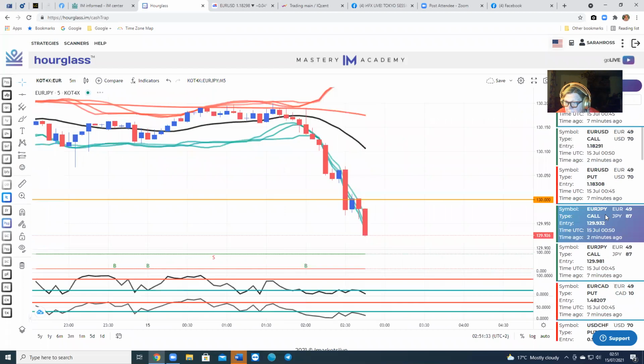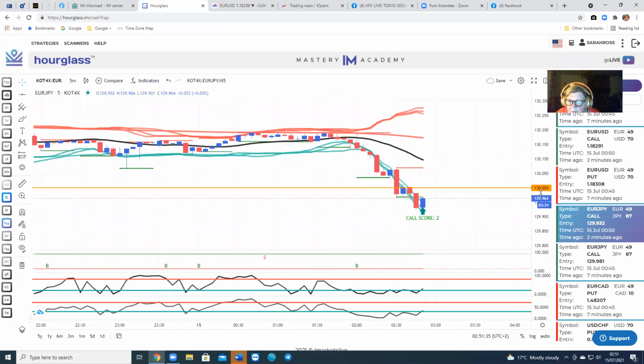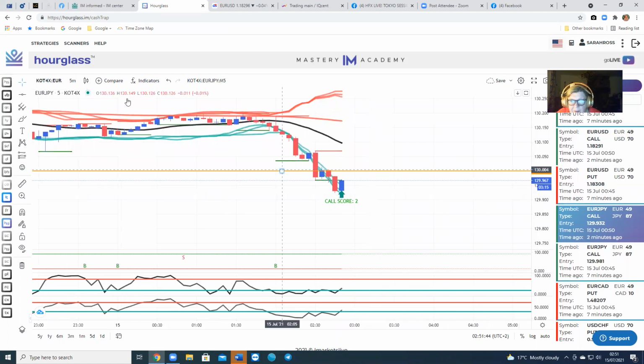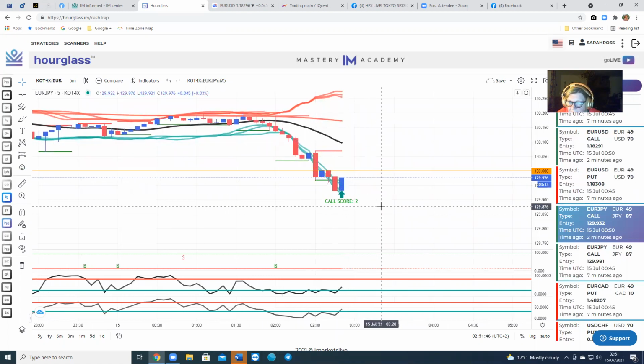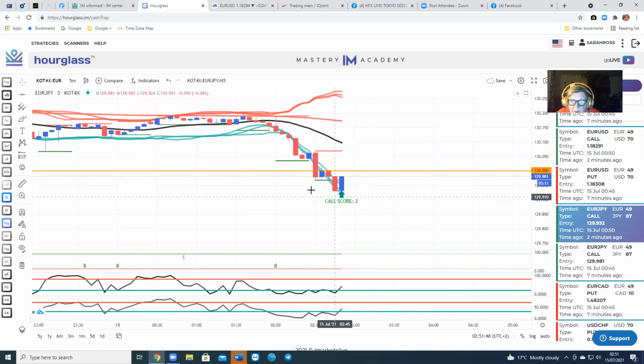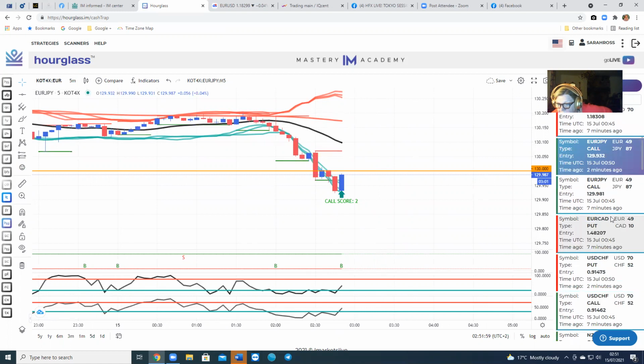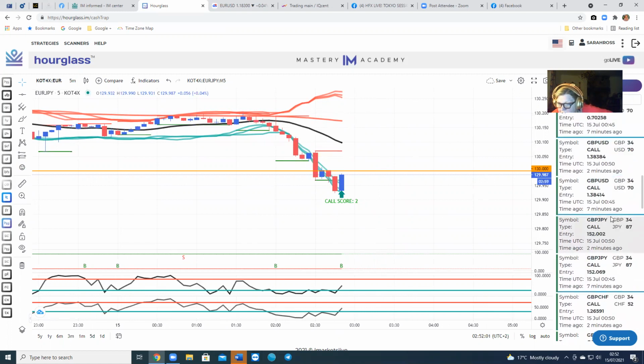There we are. Call at 9:32. 2 minutes ago. That's what we want. Bit of a retrace as much as possible for the hour. Check the currency strength meter and then take a put. That's moving up back to the 981. GJ.